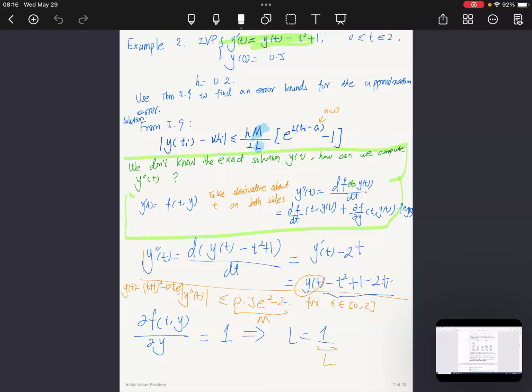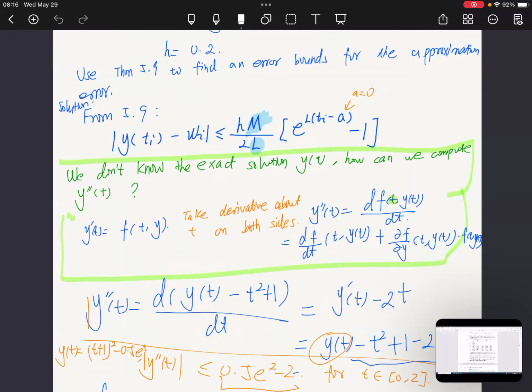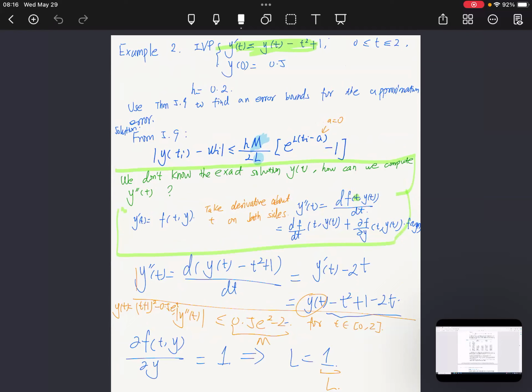This is what we talked about last time, and then we have example 2. This is 31.5.9, and we want to get the error bounds for these questions. Last time I tried very hard to figure out the L constant.